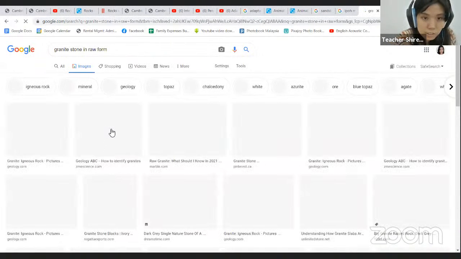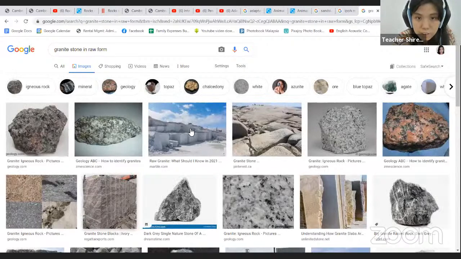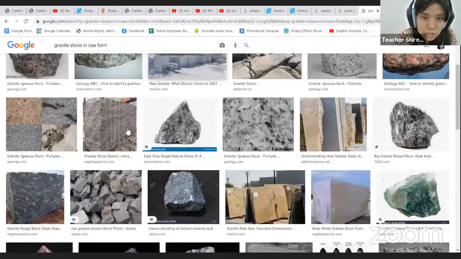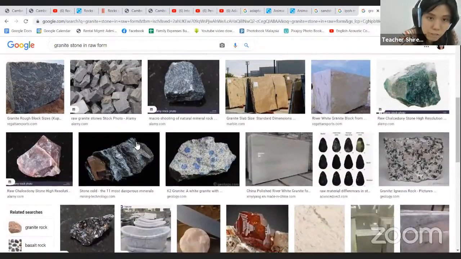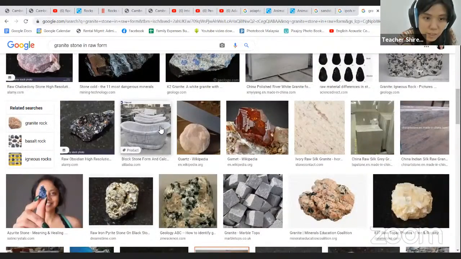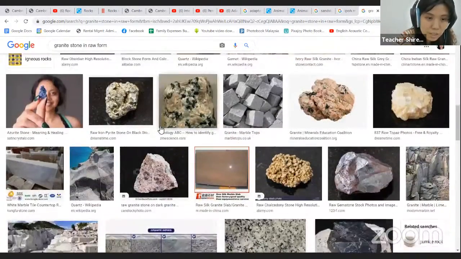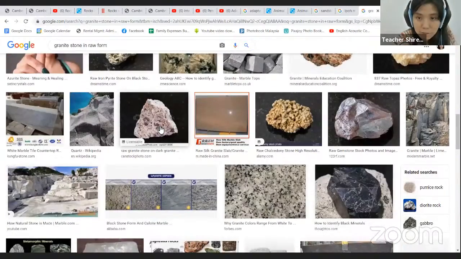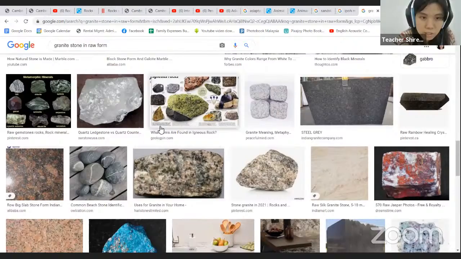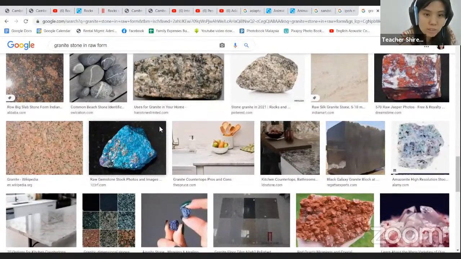So this is how the granite looks. You see this is like a whole mountain, they cut it off. Some of it is even made into whole furniture, the whole bathtub made of granites. Sometimes when you go hiking at the mountain, you do see some small granite pebbles as well. But those are small ones.